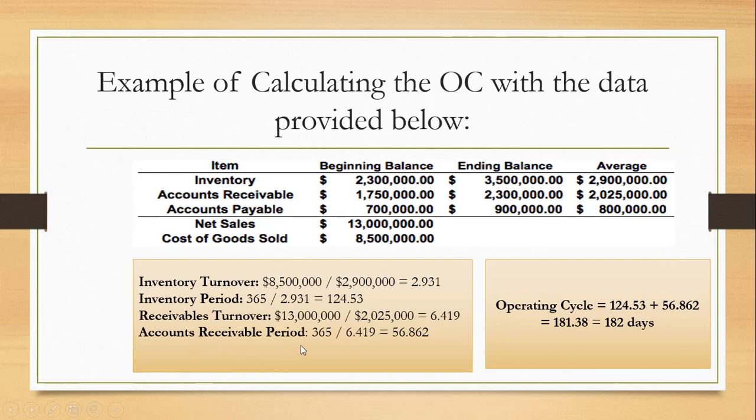Account receivable period equals 36.5 divided by receivable turnover, which is calculated here as 6.419. So now we have the operation cycle, which equals inventory period plus account receivable period, equal to 181.38, which is basically 189 days.